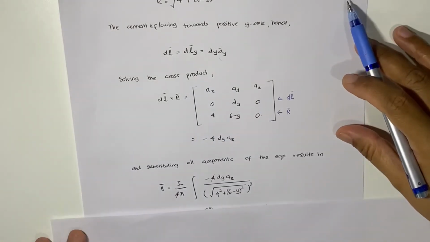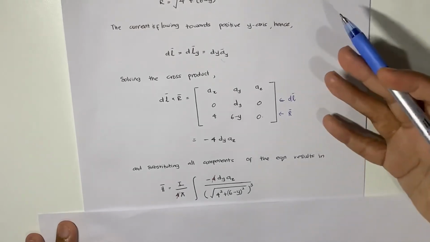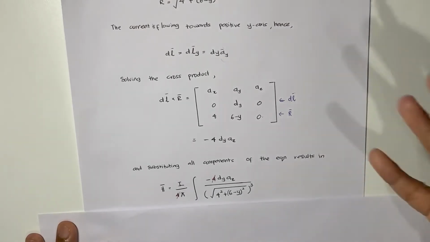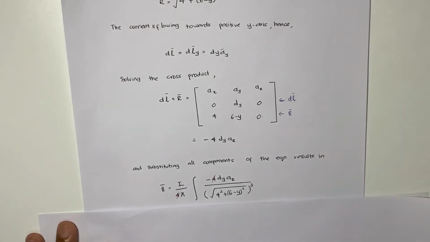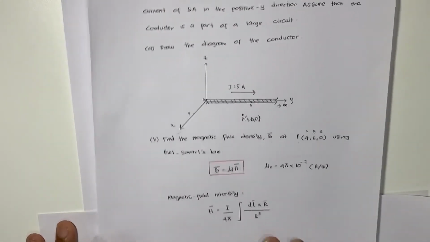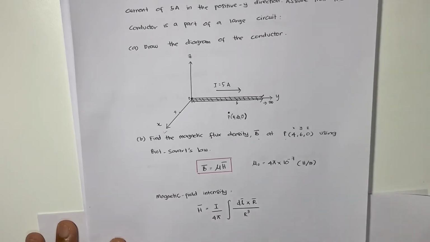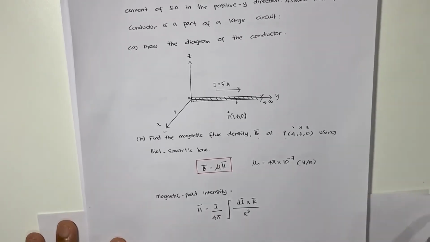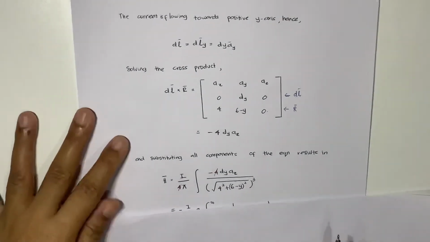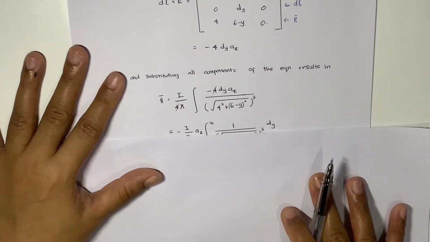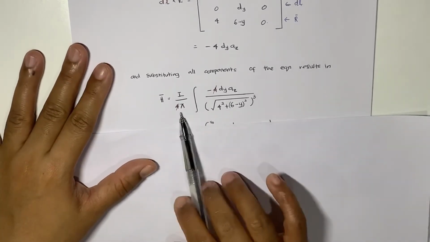Now just substitute all the components into the equation. You already have this one and this one. Just substitute all the components and you will get this.